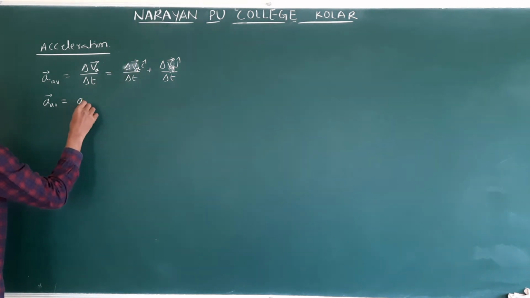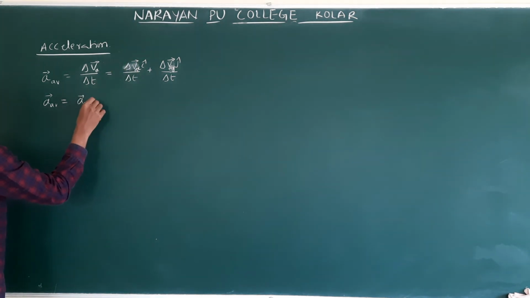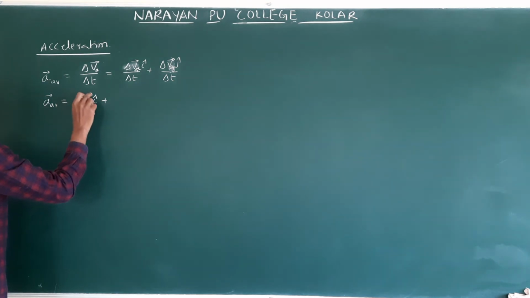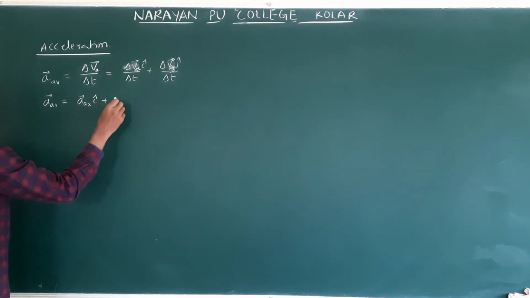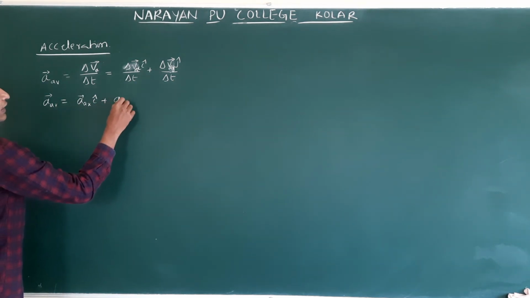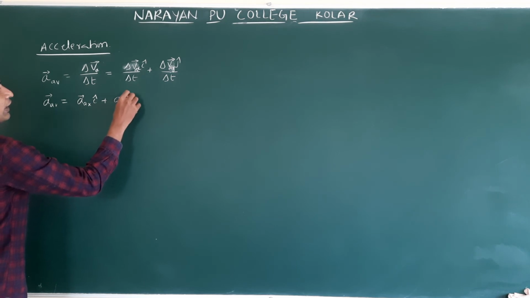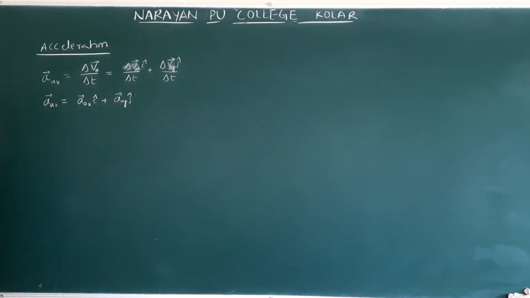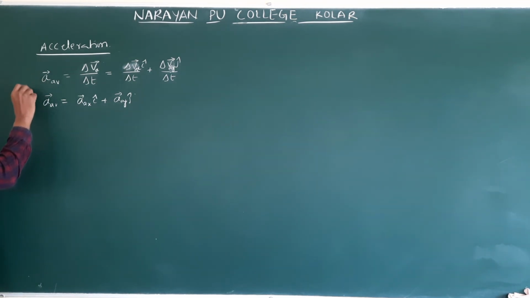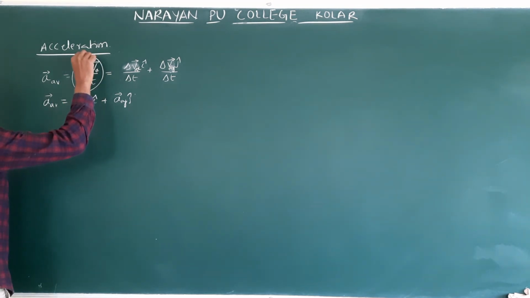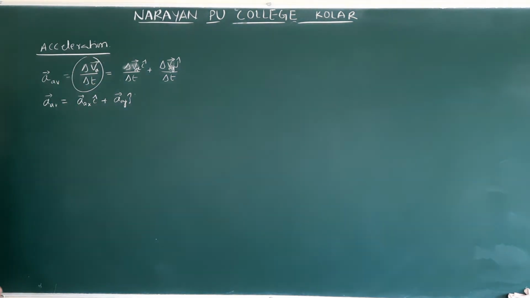This is ax along i cap, average acceleration along x axis, and this is average acceleration along y axis. Clear? So now instantaneous acceleration. Average acceleration, how do we define? Change in velocity in a given time interval.